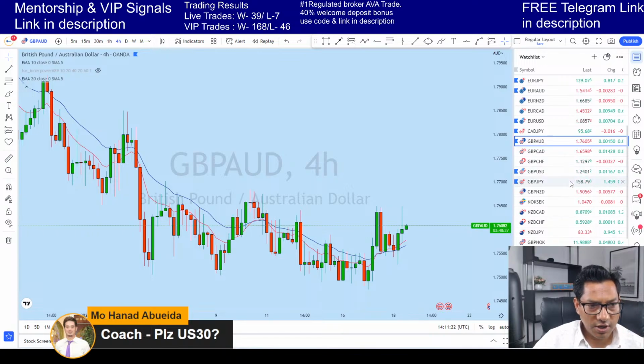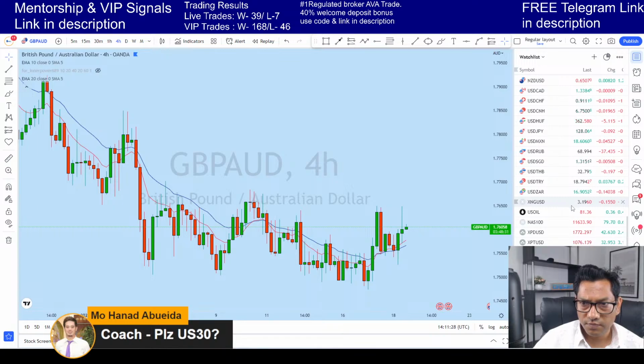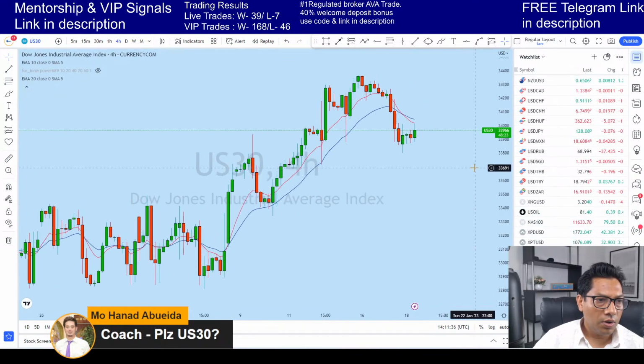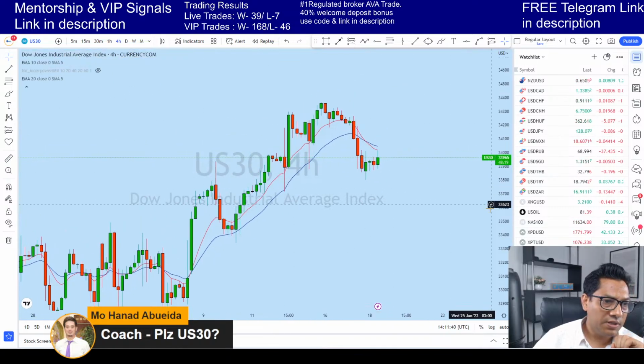Okay, so let's look at US30. US30 in comparison with other indices is a little bit sideways, but is still bullish.